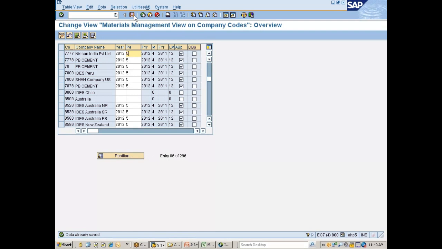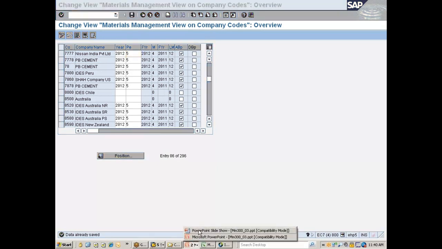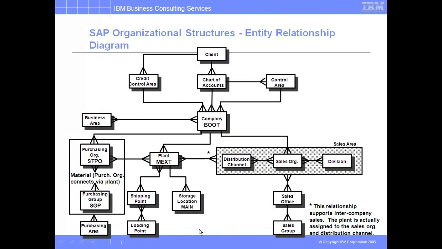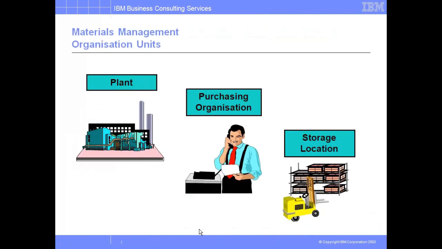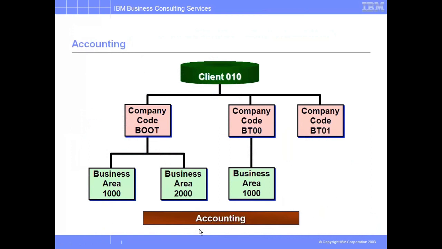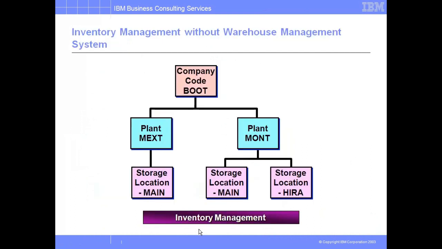Okay. So with this, I am concluding the organization structure demo. Okay. We will keep discussing the various organizational elements when we go through the presentations. Like tomorrow I will walk you through these things once again: plant, purchase organization, storage location. Okay, so from the accounting perspective, what organizational elements are required?